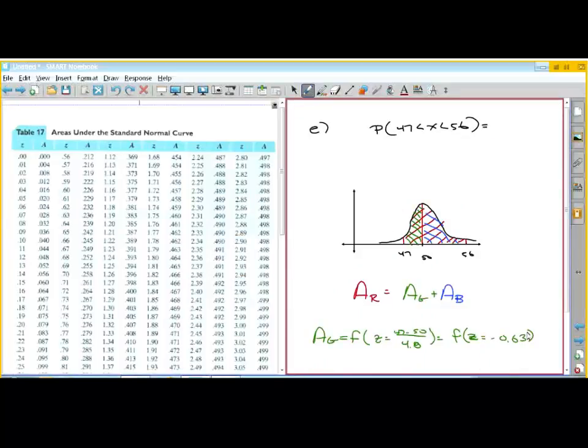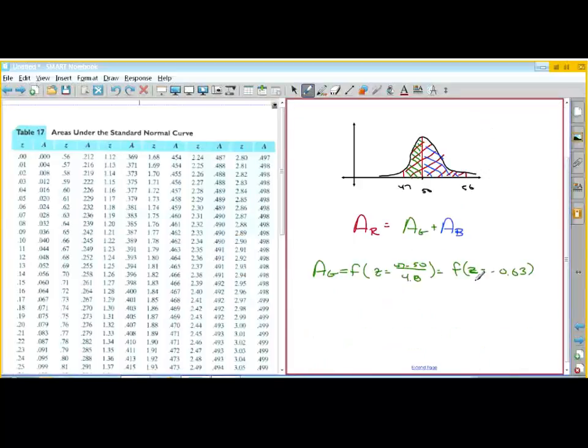Let's go back to the previous page and look this up. We use the positive value 0.63, so you get 0.236. So the green area is equal to 0.236.